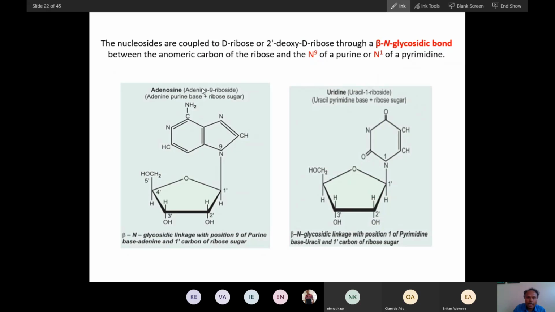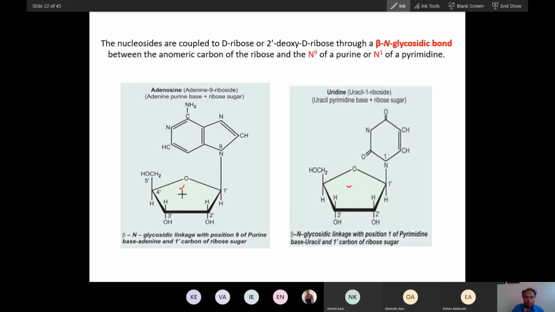Now nucleotides are coupled. We have seen puckering. We have talked about the sugar right now. So the sugar in DNA has C2 endo puckering, and in RNA C3 endo puckering is there.